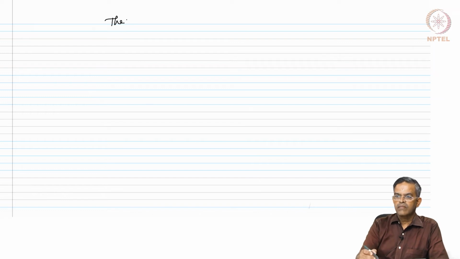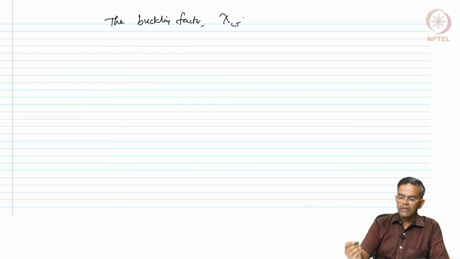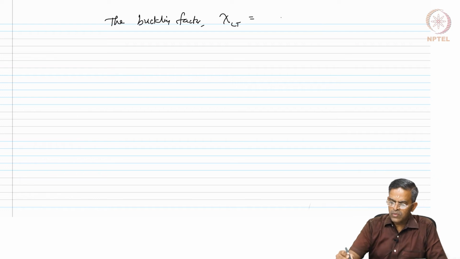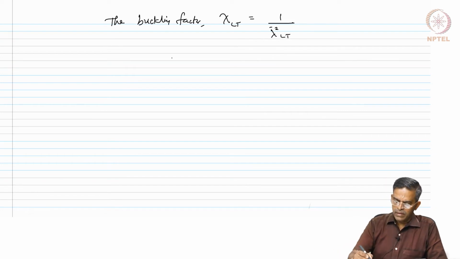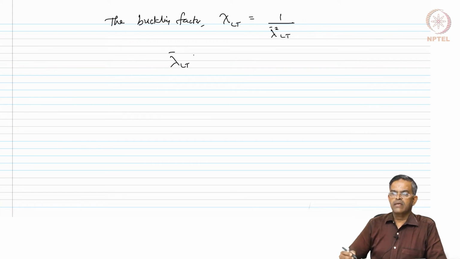So, the buckling factor psi LT is actually equal to 1 by lambda bar LT squared, where lambda bar LT is given by the square root of Wy Fy by MCR.